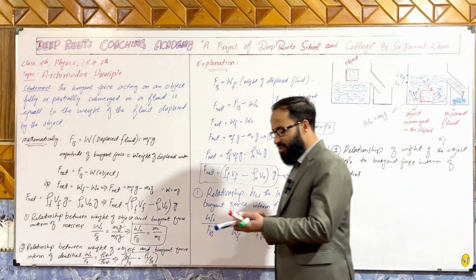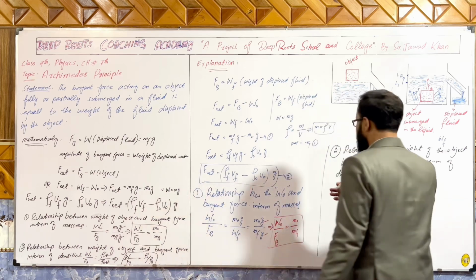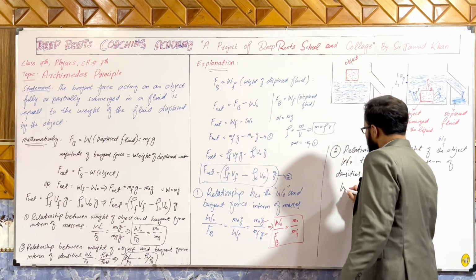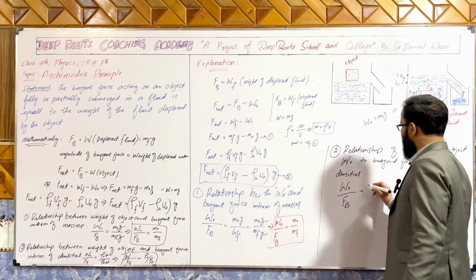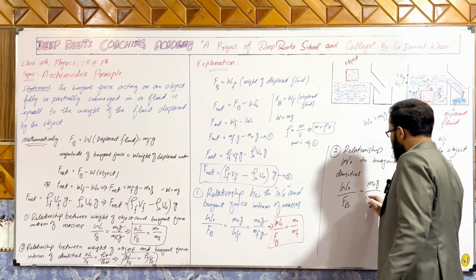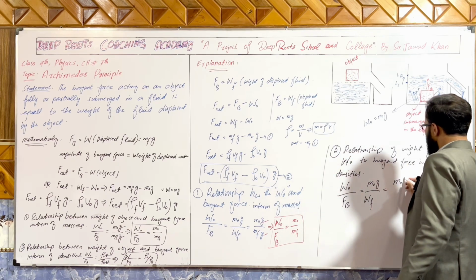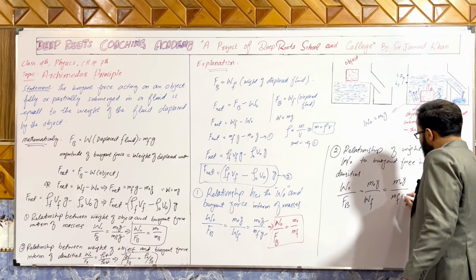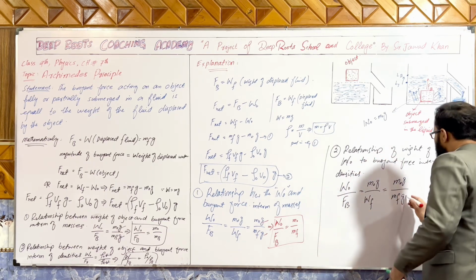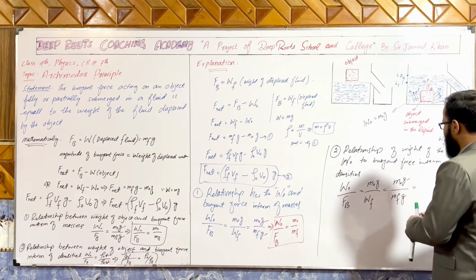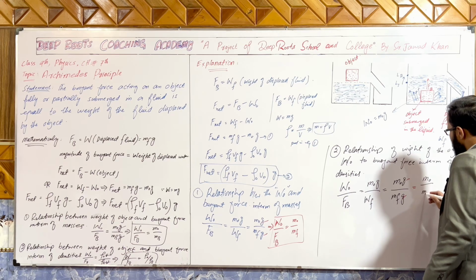So in term of densities, we can write the relation or the ratio Wo divided by Fb is equal to, again this is mog and this is due to the weight of the fluid, so I can write mog divided by mfg. So g and g will be cancelled with each other, so this will become mo divided by mf.